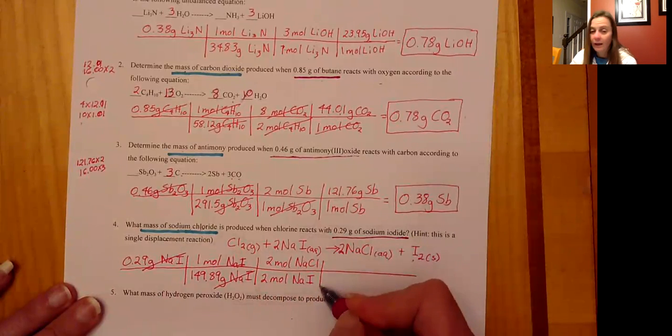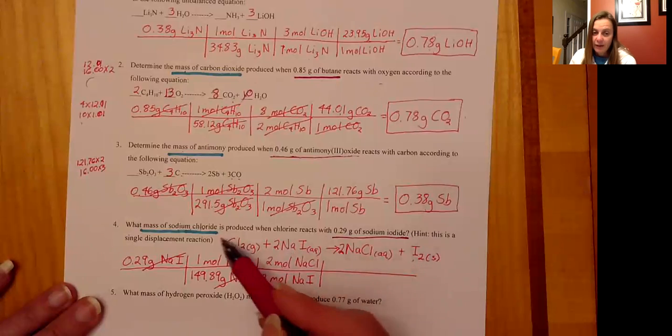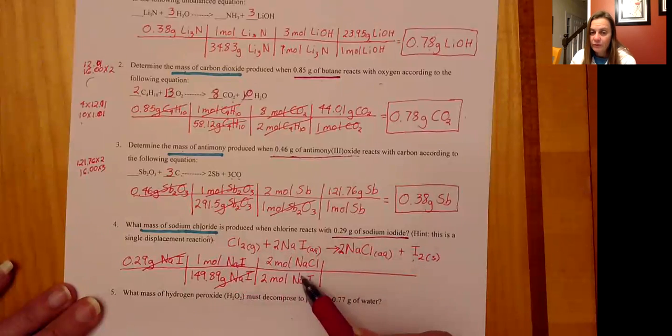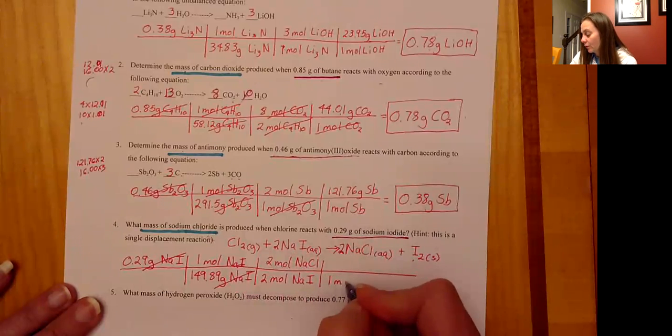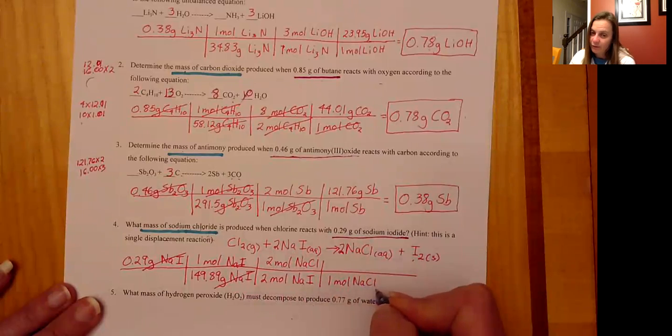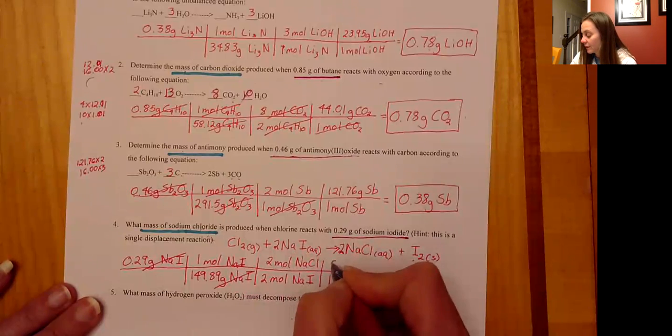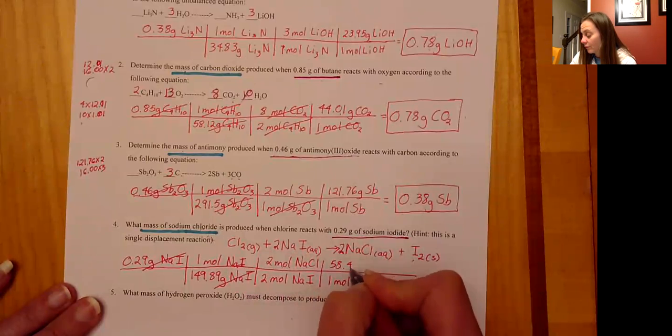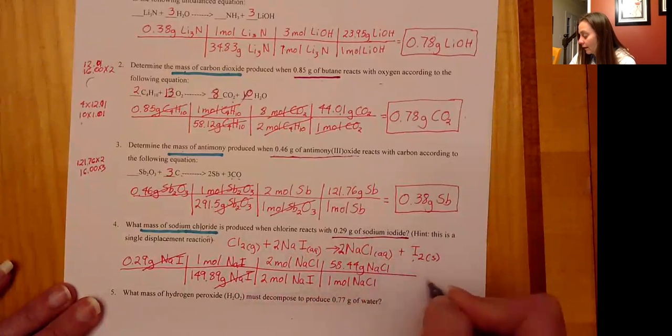And then I'm being asked to find mass. So I'm going to convert moles of sodium chloride to grams. So I need molar mass. So for every 1 mole of sodium chloride, there are 22.99 plus 35.45 is 58.44 grams of NaCl.